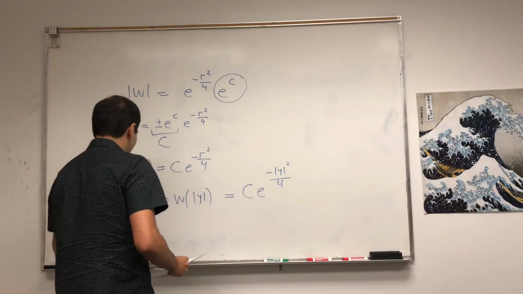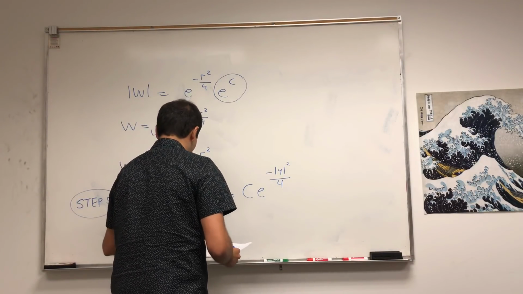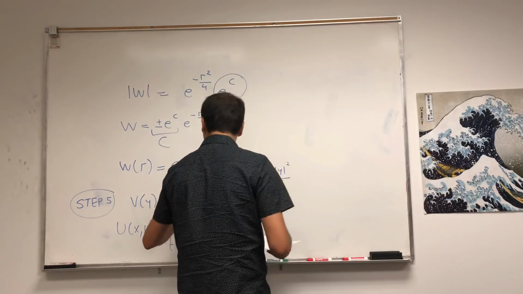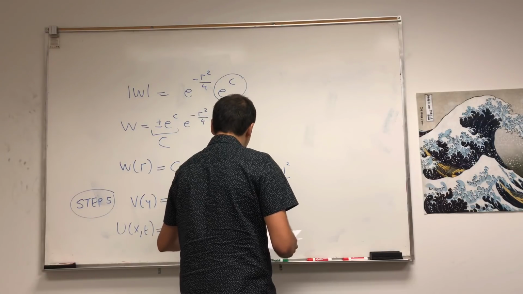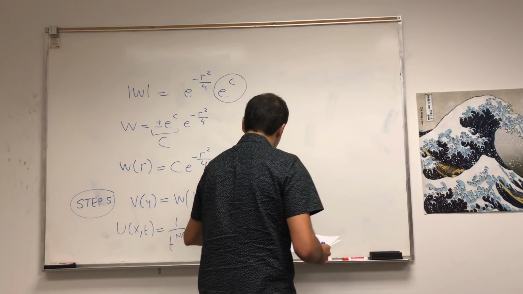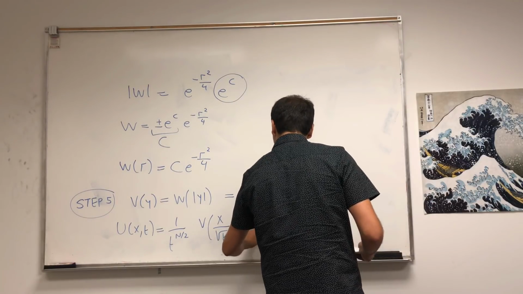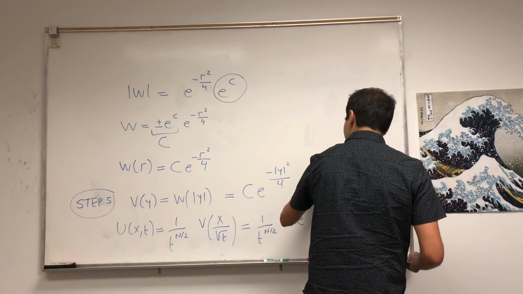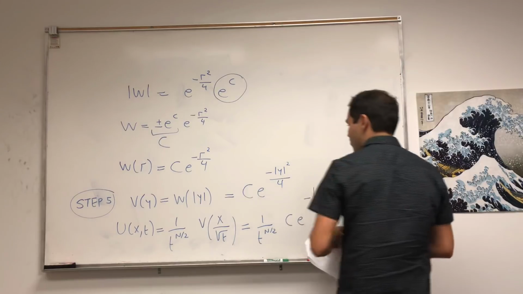And last but not least, u of x,t becomes our constants, right? 1 over t to the n over 2, v of x over square root of t. And that becomes, if you want, 1 over t to the n over 2, c e to the minus x over square root of t squared over 4.